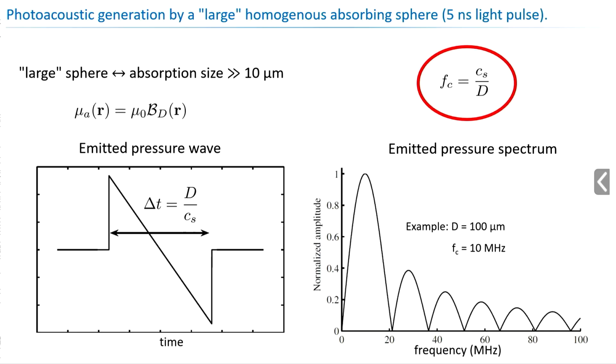So if you convert that to frequency, then if you take a droplet which would be 100 micron, which is the size of a not too small but not too big vessel, you get frequencies which are 10 megahertz on average. And this is very interesting because 10 megahertz is the frequency that current ultrasound imaging systems actually use to detect waves.